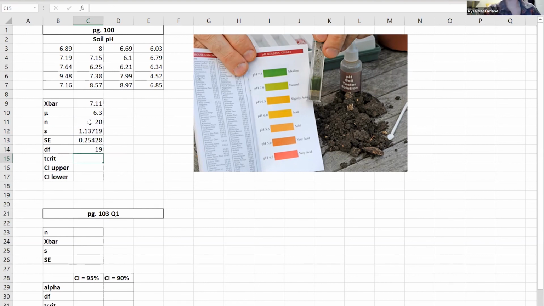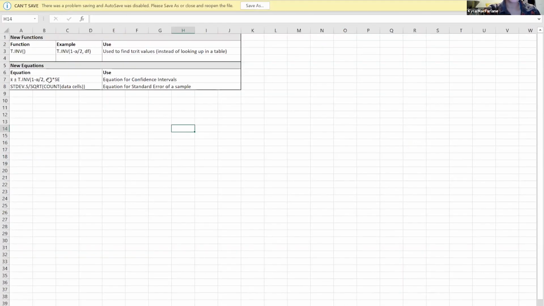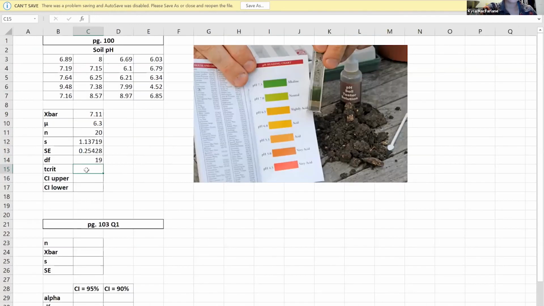Here's where we get into the new stuff. On the new functions tab, we have this function, T.INV. And what goes inside of it is 1 minus alpha over 2, comma, our degrees of freedom. We use this function to look up our critical values instead of using a table. But it works the same way.